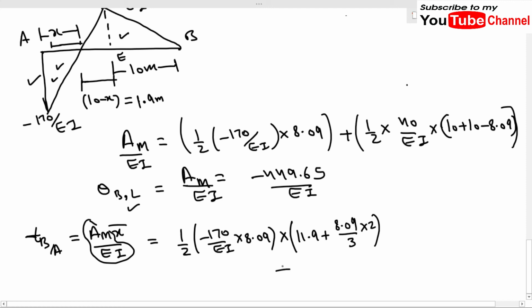Now let us consider our second triangle. The area of the second triangle will be 40 upon EI multiplied by 11.9, the total length of the base, and the CG can be calculated directly using the formula 11.9 upon 3. If you don't remember the formula, let me refresh your concept.